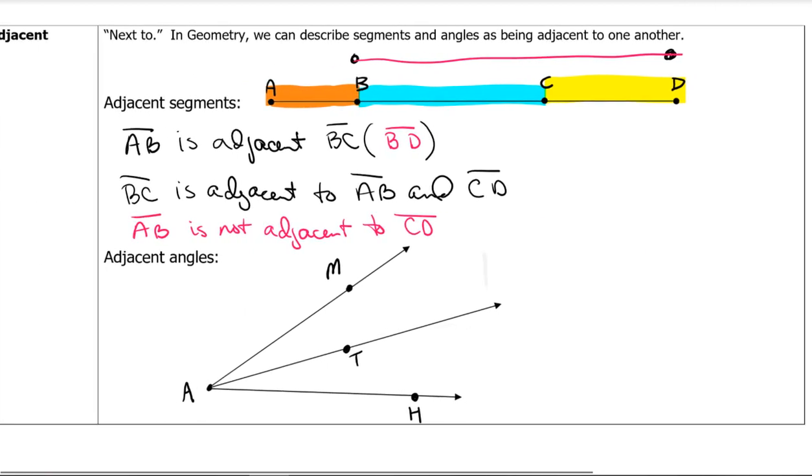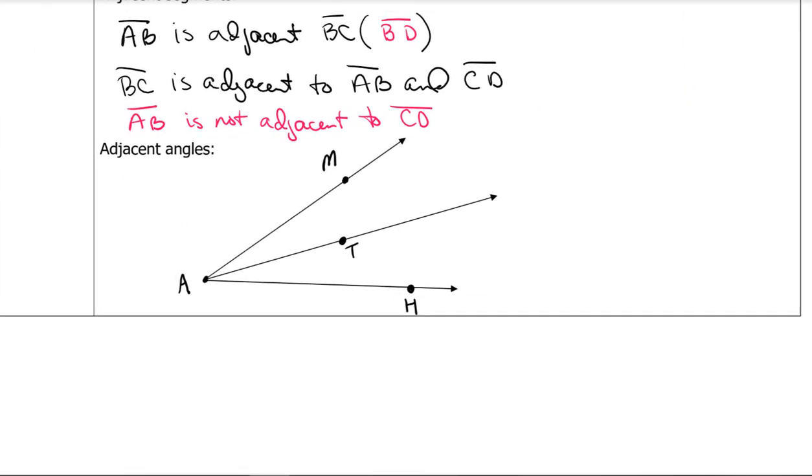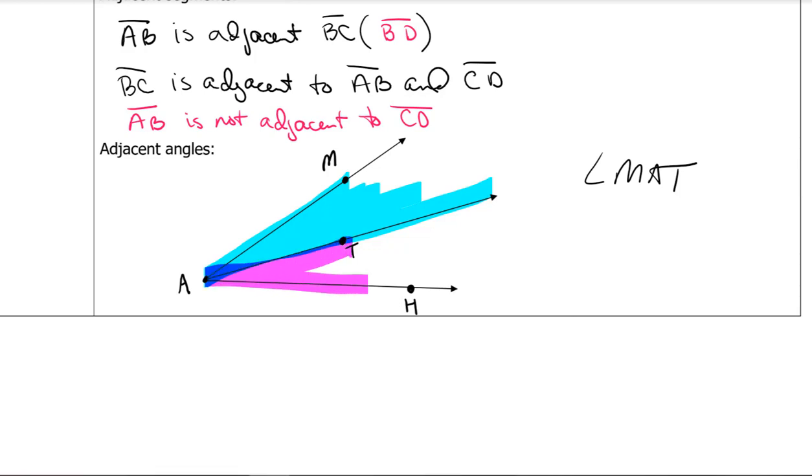Now we talk about angles. Angles are adjacent similarly. Let's take a look at this one, angle MAT. That angle is going to be adjacent to the angle that is right below it, and that is angle TAH. So those two angles would be adjacent.